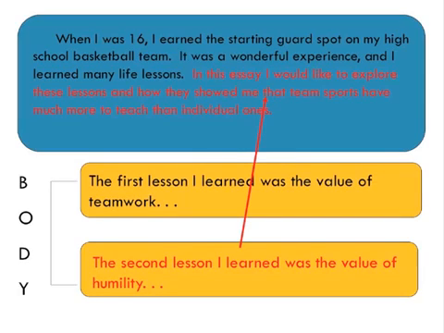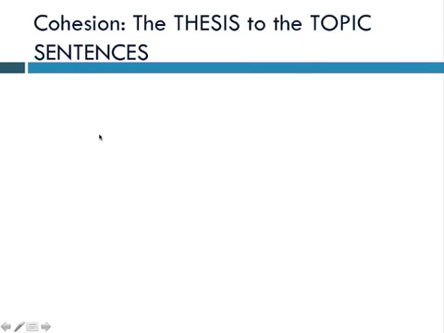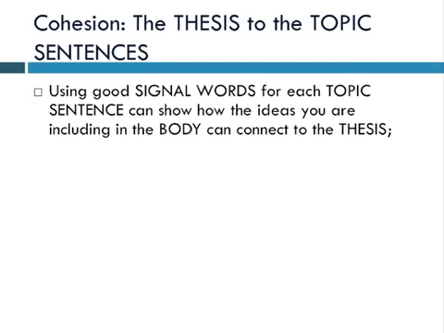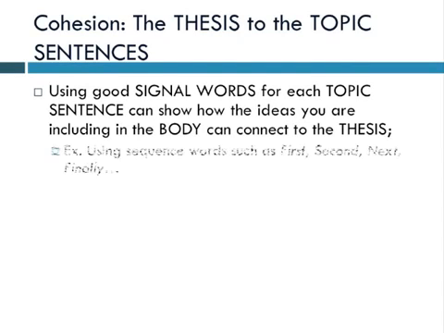Same thing in the second example. We talk about the second lesson. This particular cohesive device or signal word shows us that we're continuing the idea and discussing these other lessons that we were going to talk about in the thesis. So using good signal words can show how the ideas you're including in the body can connect to the thesis.